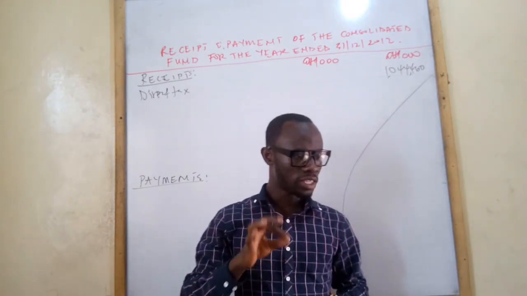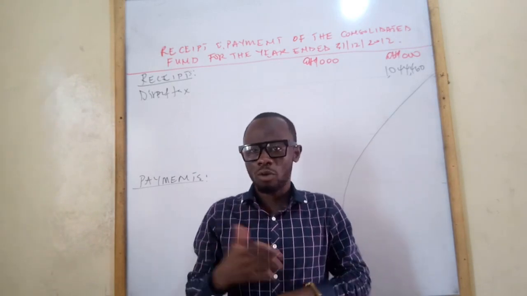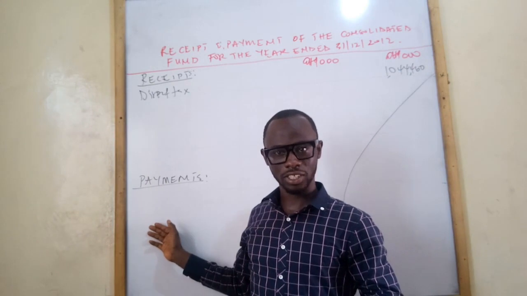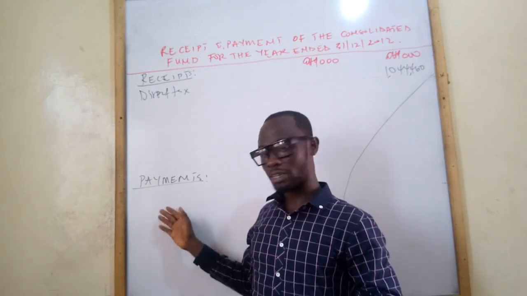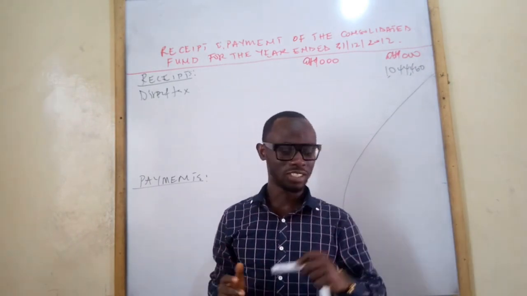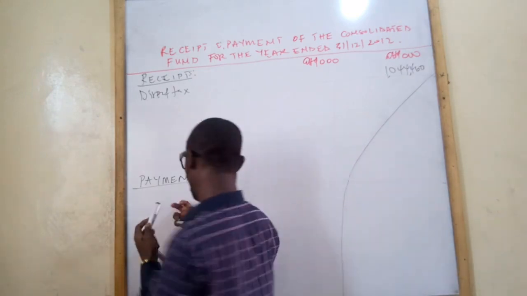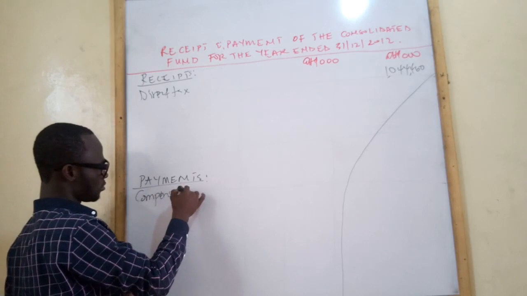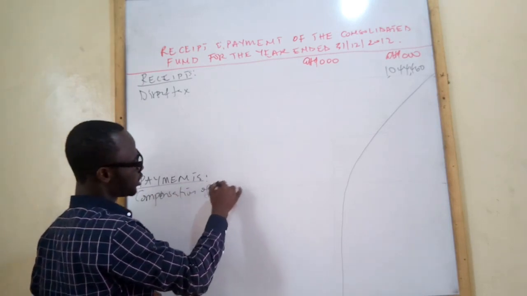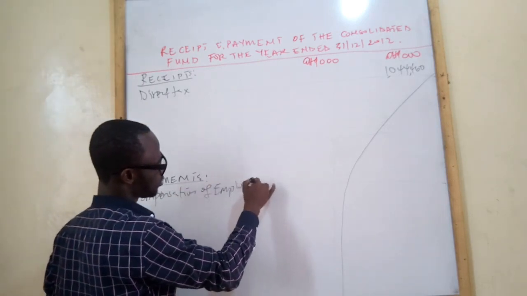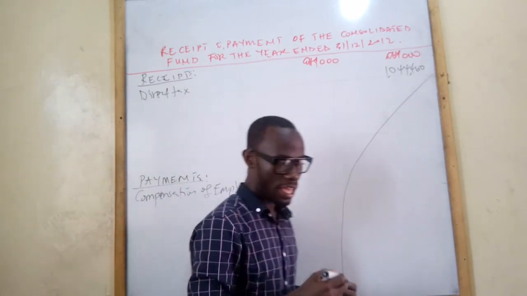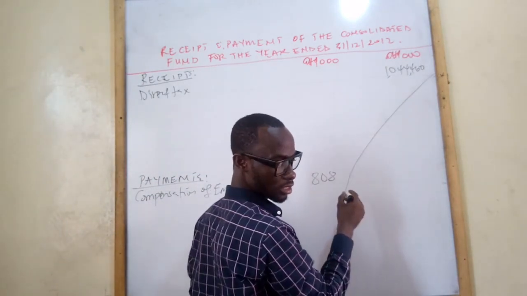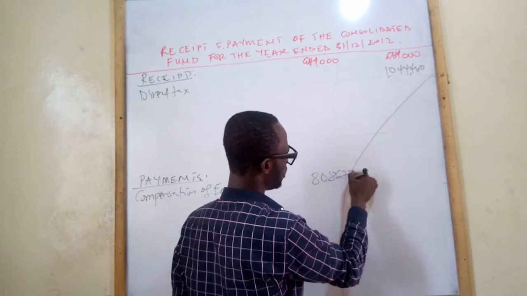Second, compensation of employees. Compensation of employees, is it a receipt or a payment? It's a payment, right? So compensation of employees, it's a payment, so we bring it under payment. So compensation of employees, and I'm going to put that here, and that is 808,672.